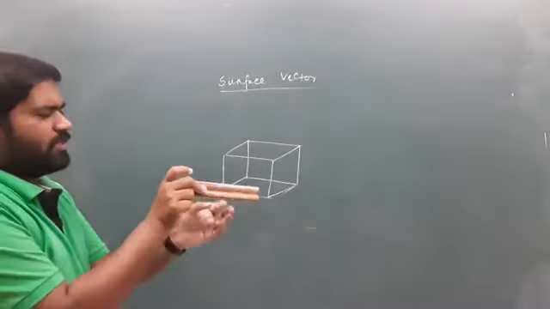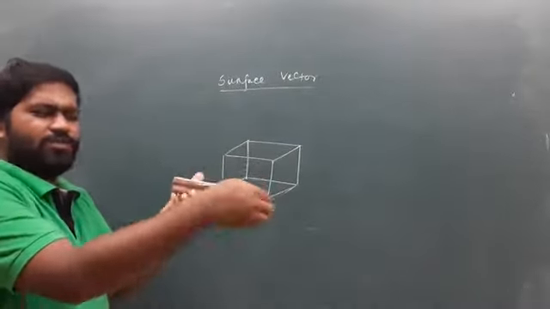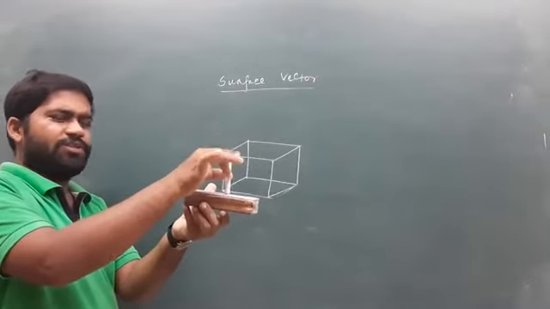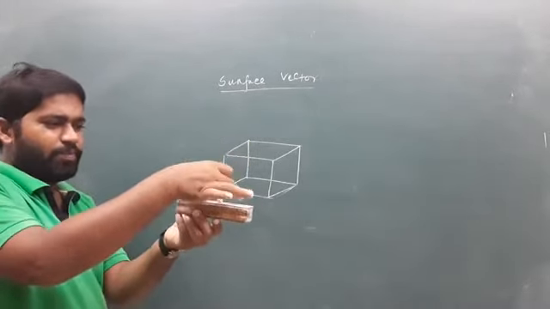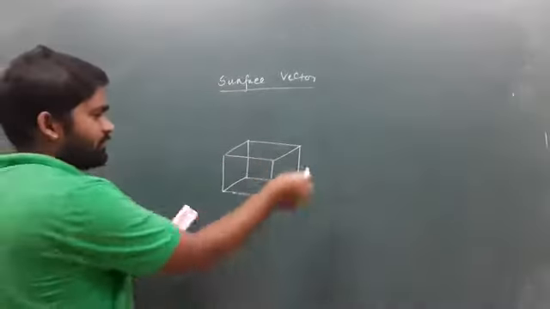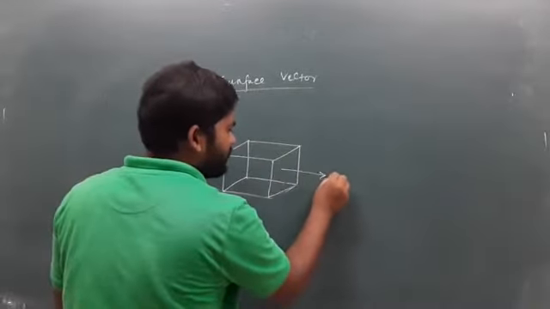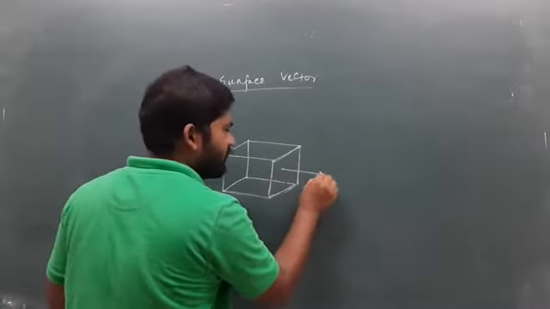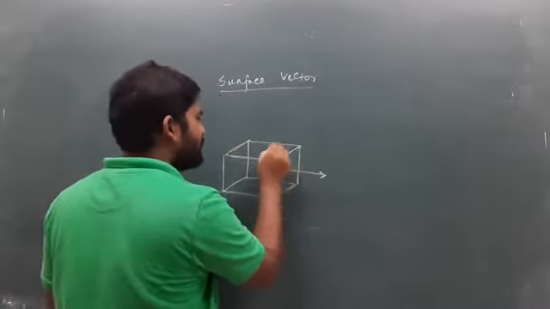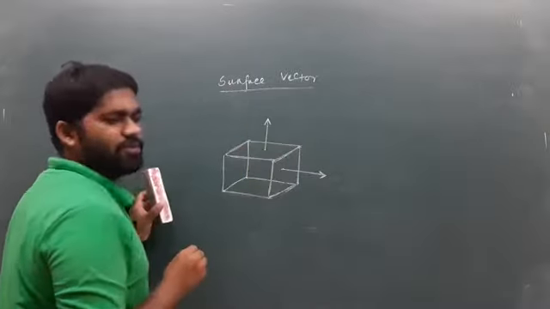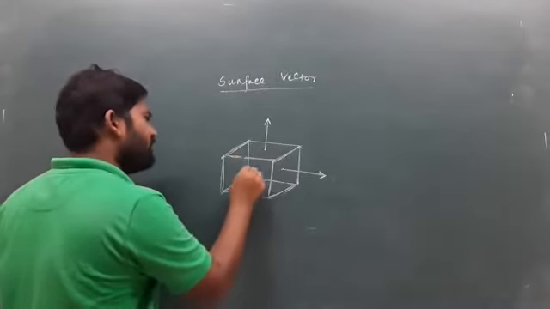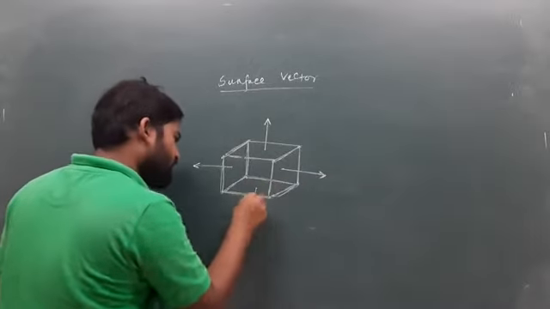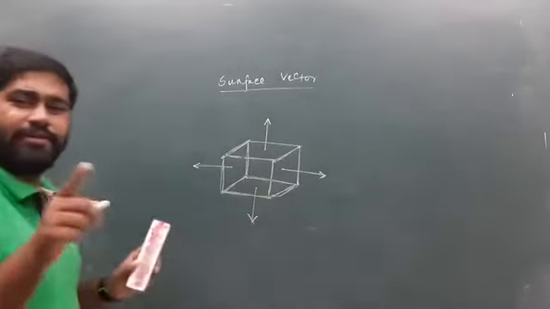Like this one: this is my surface, and the surface vector is outward and perpendicular to that region. For this surface, that is the direction of the surface vector; for this region, this one is the surface vector, radially outward.